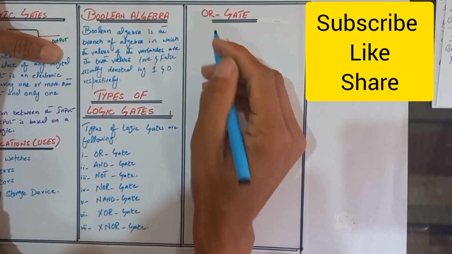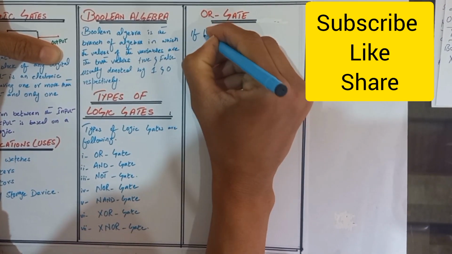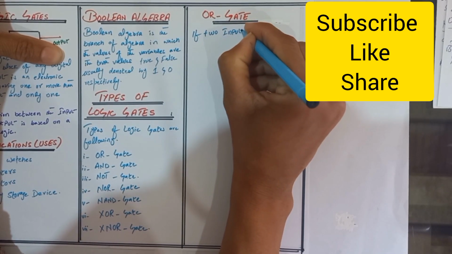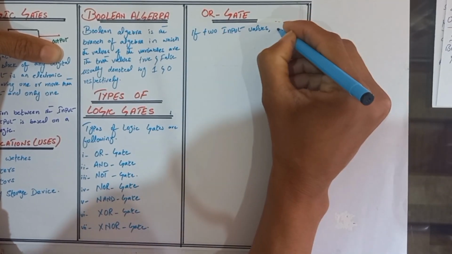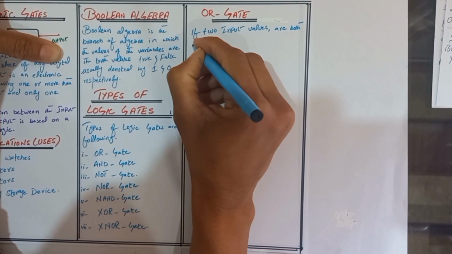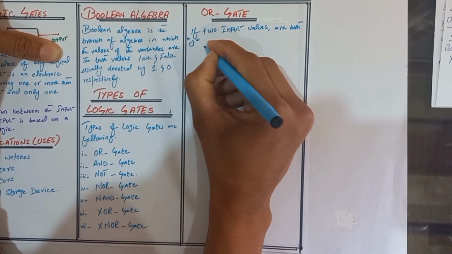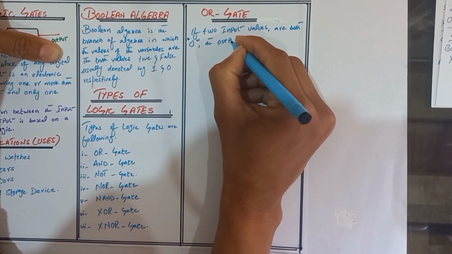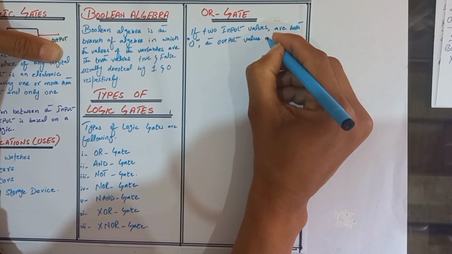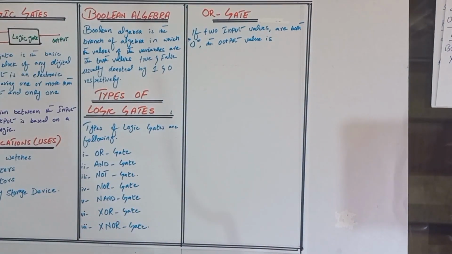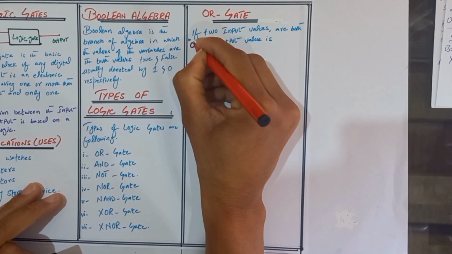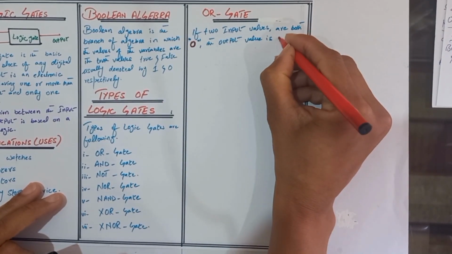If we define the OR gate: if both input values are 0, the output value is 0.